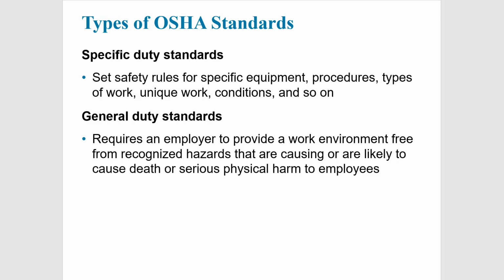But not everything fits neatly within specific duty standards. So there's also this general duty standard saying that, well, in general, an employer has an obligation to provide a work environment that's free from recognized hazards that either are causing or are likely to cause or have caused, in the past, serious physical harm to employees.